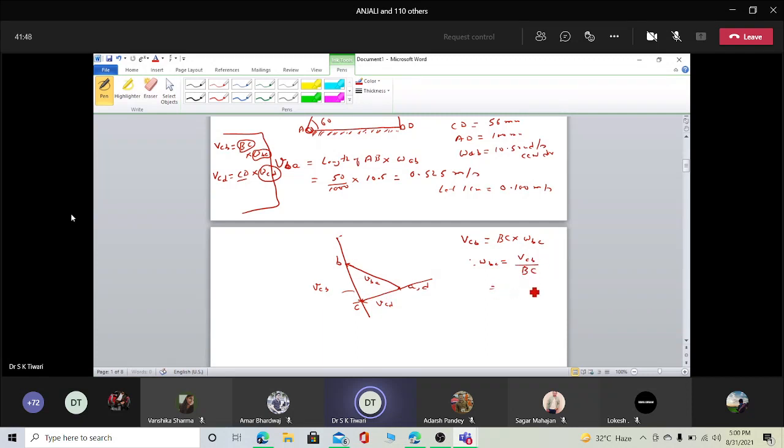You will get the angular velocity in radians per second. If you want omega CD, you know that the velocity of C with respect to D is CD into omega CD. Therefore, omega CD will be the velocity of C with respect to D divided by CD. You will get some value in radians per second.